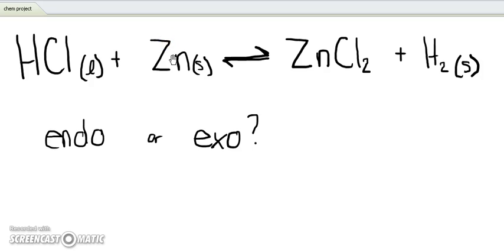And now would be a good time to pause the video and see if this is going to be an endo reaction or an exo reaction. Okay, so after you have gone through and checked the signs of each of these, this is a liquid, solid, and a gas.